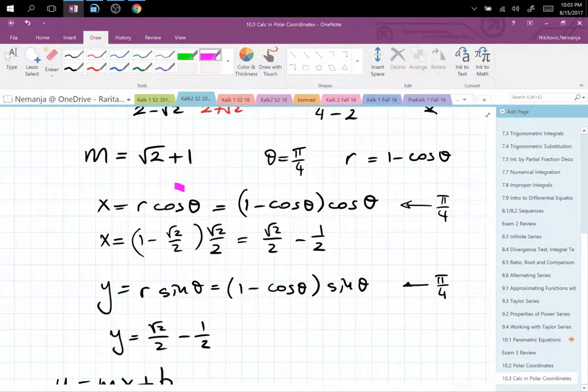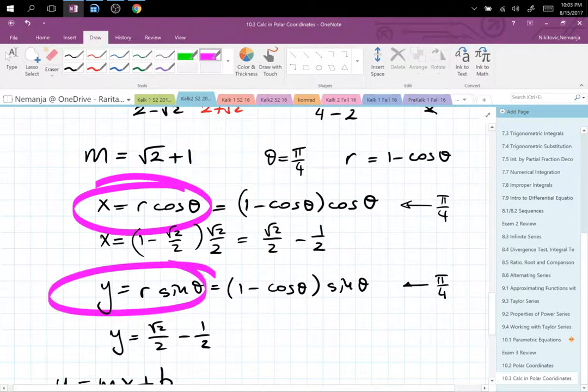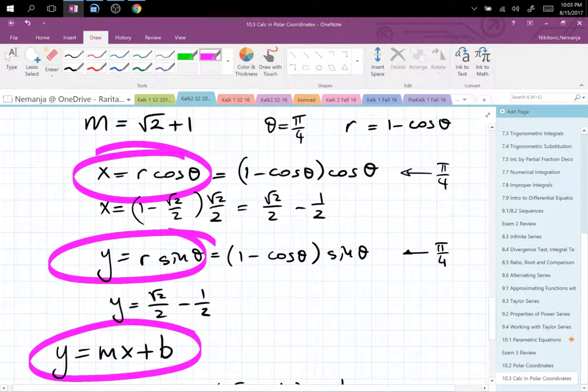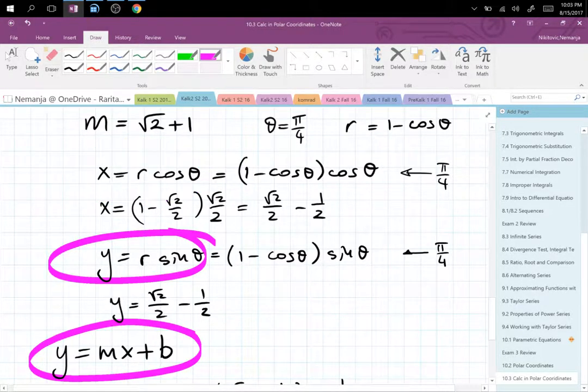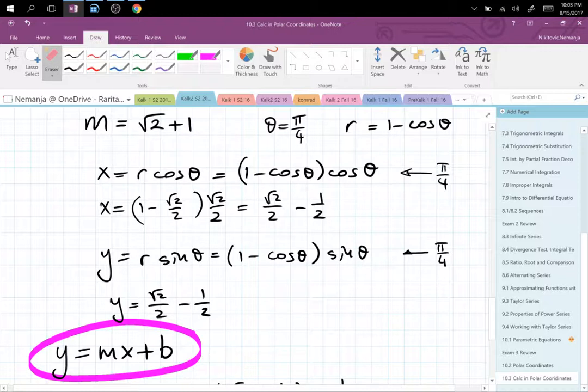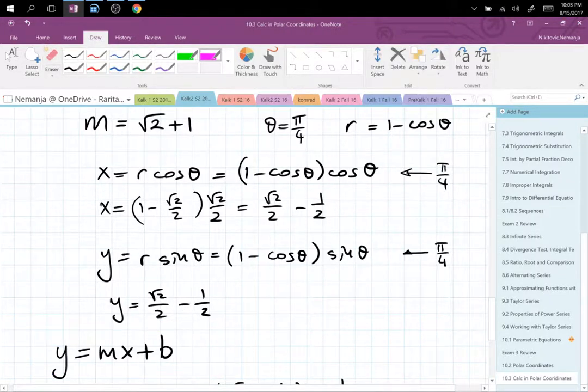So as long as you know those conversions, you know that line is y equals mx plus b. You need that x, you need that y, you have m, so you can compute b. So this is a standard Calc 1 problem that you are now doing in coordinates, which you learn in Calc 2. A lot of trig creeps in, as you can see.